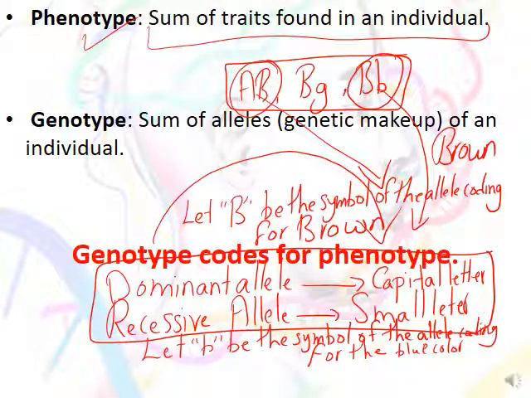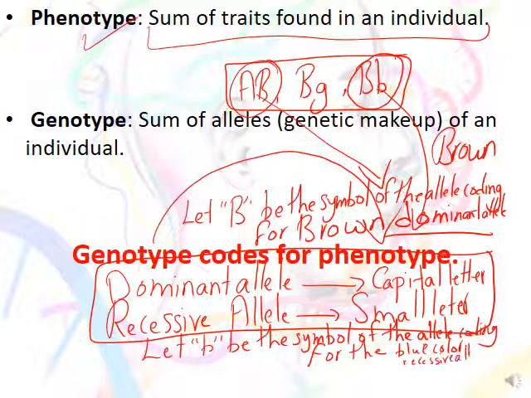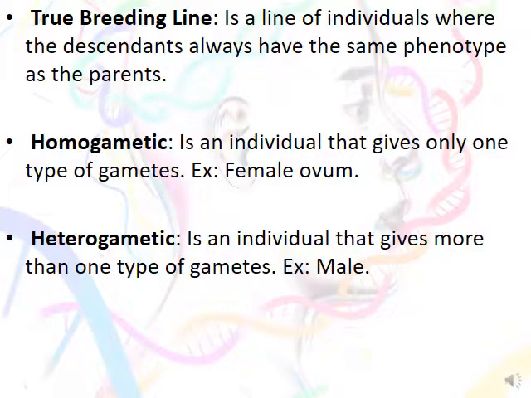So you have to pay attention to this. Here, let B capital be the symbol of the allele coding for the brown, dominant allele. And here for the blue color, recessive allele. So pay attention to this.